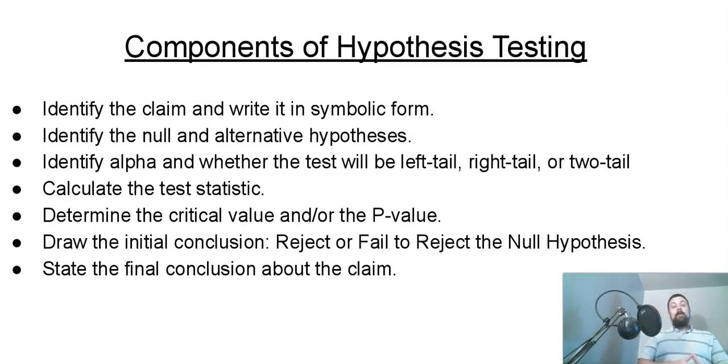What can happen is the sample data might come out as an ordinary looking sample where our test statistic is a reasonable number, in which case the assumption we're making, the null hypothesis, seems to be fine. It doesn't seem out of the ordinary. The other thing that can happen is you get a really extreme value for the test statistic. And in that case, it makes the assumption look questionable, right?